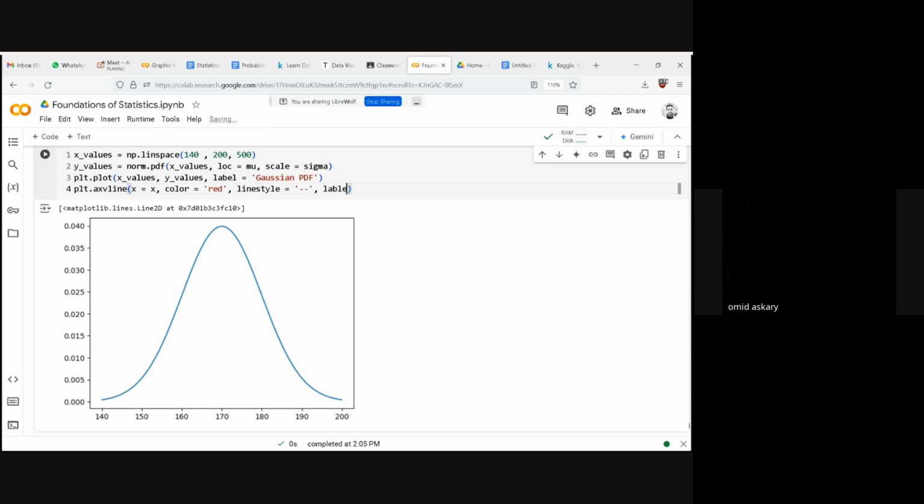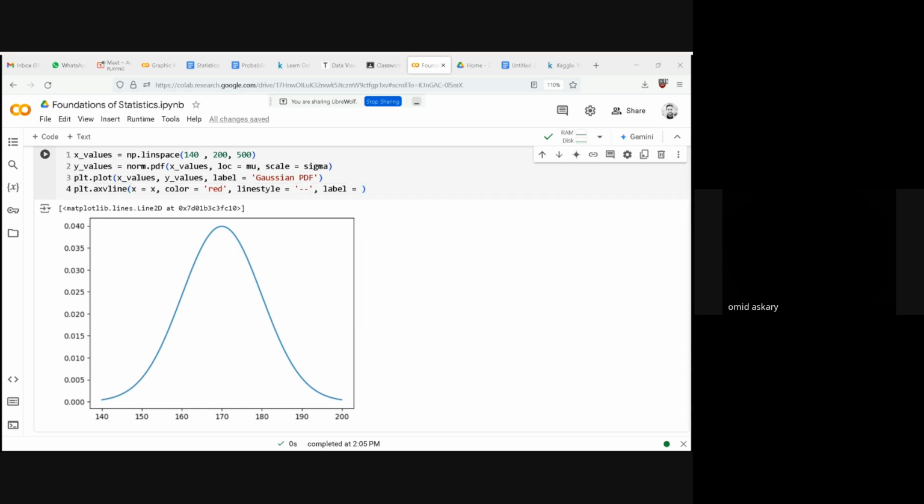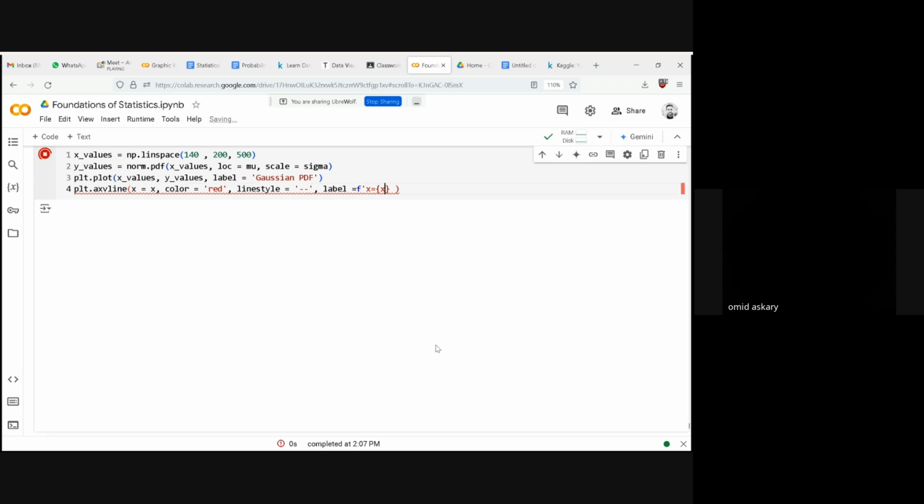Label, again, label will not be working properly. This is the label one. Label will be if X equal to X. I think it will work.